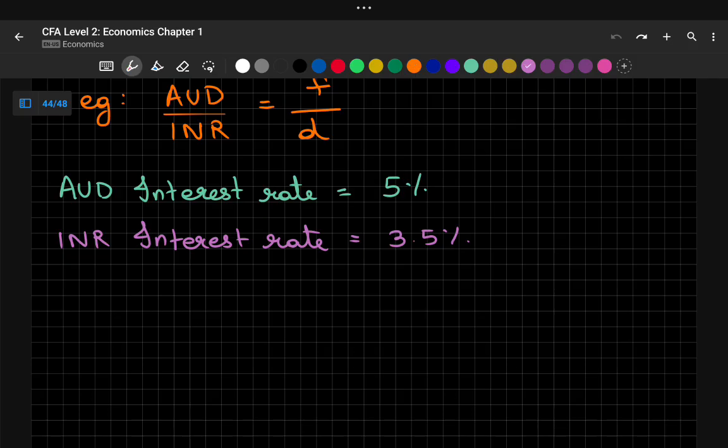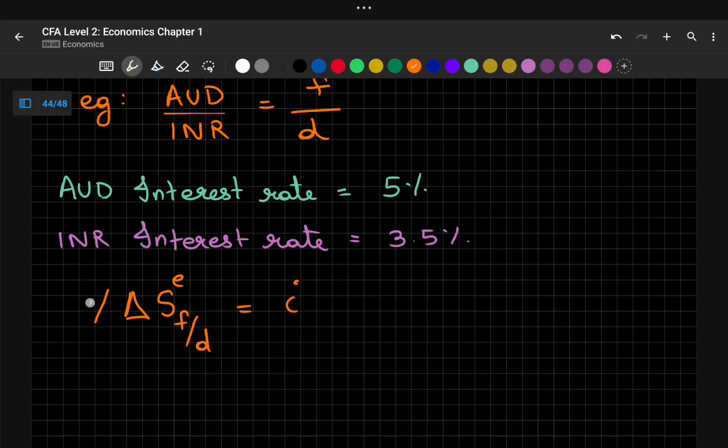So without wasting any time, I'll write down the equation. The expected change in spot rate should be approximately equal to the interest rate differential, but as per curriculum, since it is approximately equal, we are going to equate it using this equation itself.